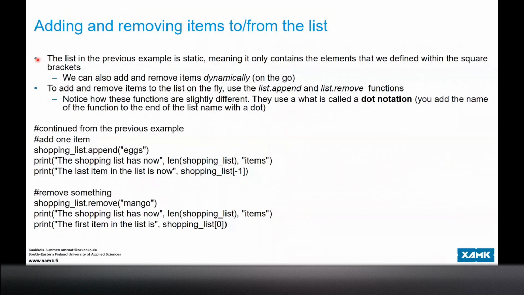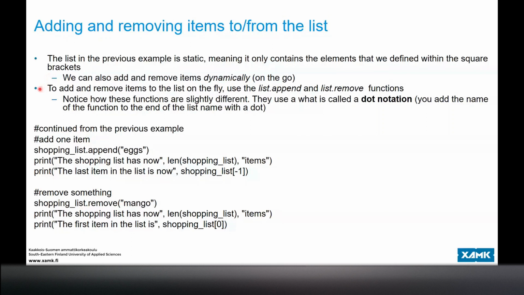It only contains the elements that we defined within those square brackets and within our program code. Now, the thing here is that we can also add and remove items dynamically, meaning we should be able to add and remove items while the program is running.